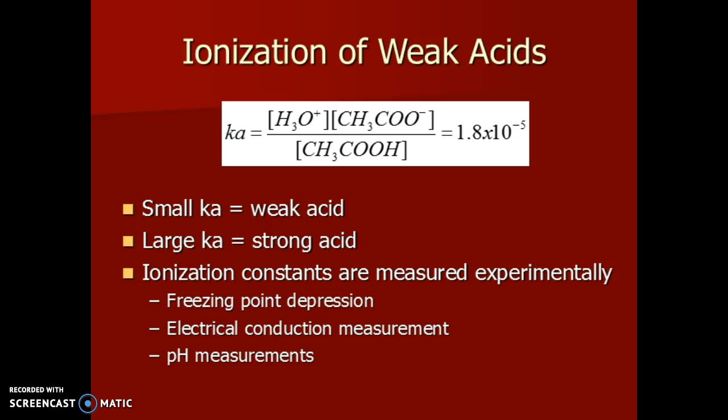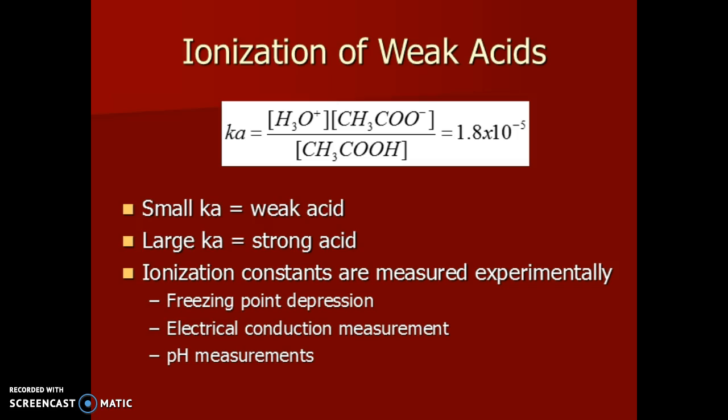Some things to know about your acid strength as regards to your K value. The smaller the K value, the weaker the acid. The larger the K value, the stronger the acid. When your K values are large, they do push very far to the product side, in other words, dissociating more closely to 100%.